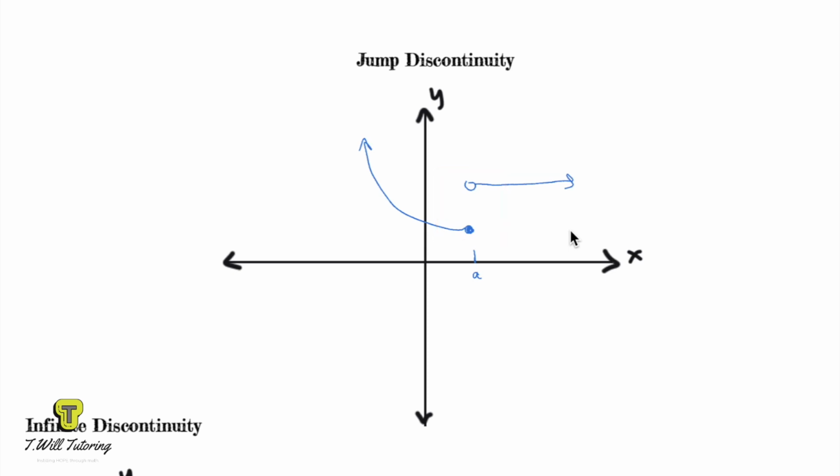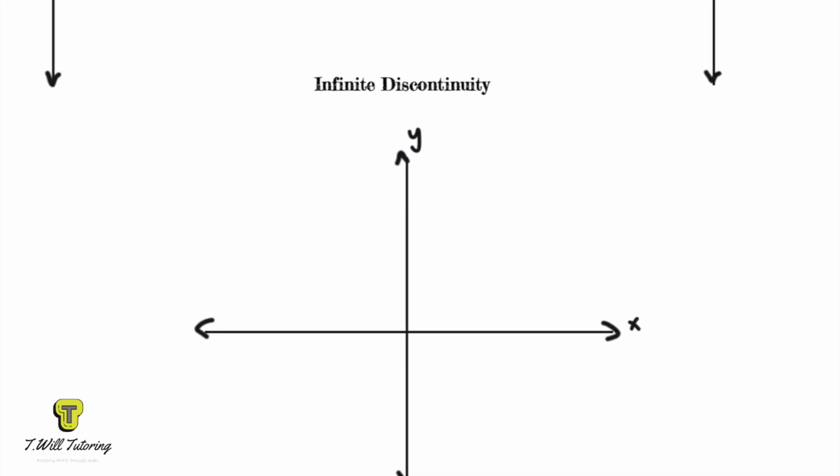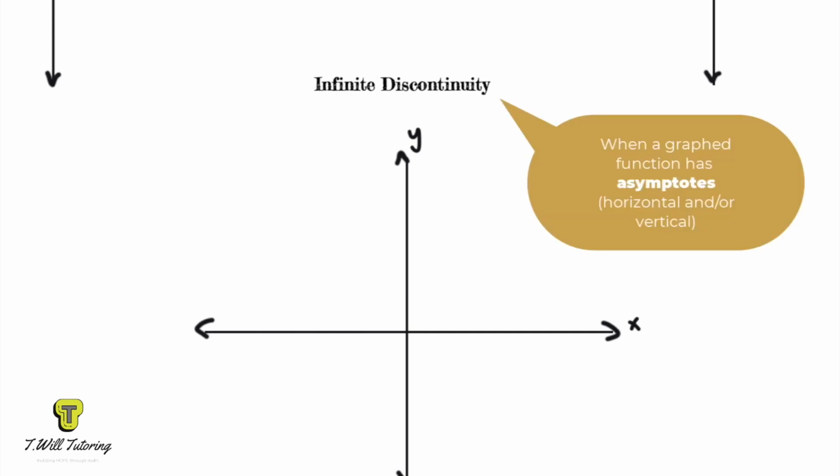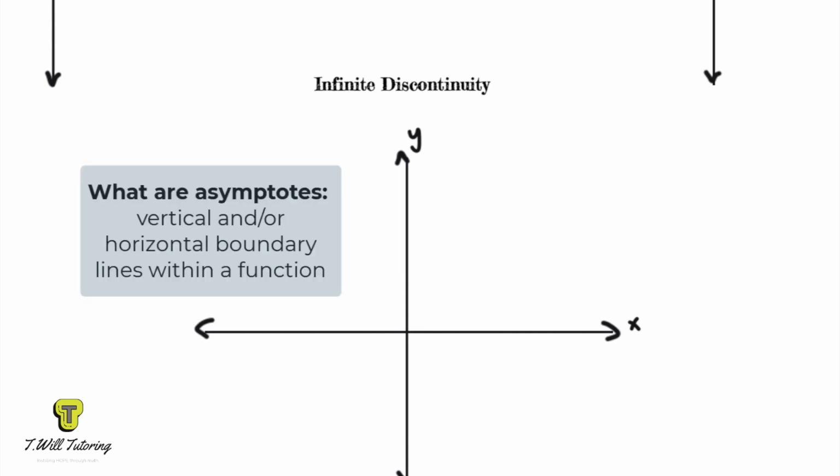The last discontinuity I want to talk about is infinite discontinuity. Infinite discontinuity deals with asymptotes. Asymptotes are either horizontal or vertical boundaries within your graph that your line or your function will get really close to, but will never touch.